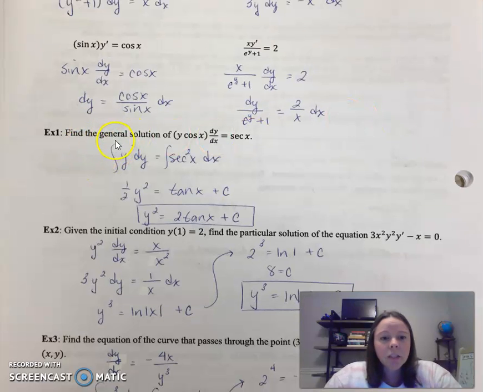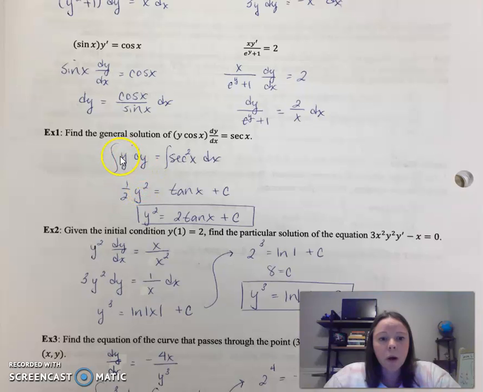Okay, now finding the general solution for this differential equation. Just like what we just talked about, you have got to separate the variables first and foremost. So the y can stay where it is with the dy. Divide over the cosine of x and then multiply over the dx. That's what I've done so far. Now you're ready to do the integral of both sides.